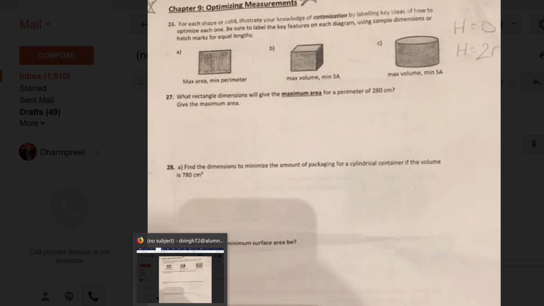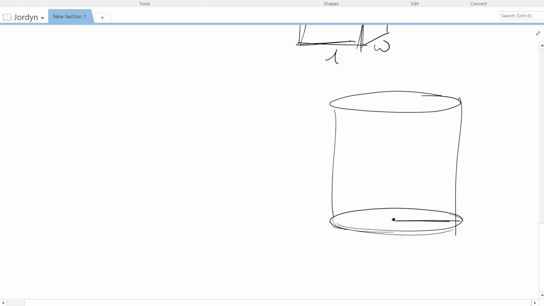So maximum volume. Now, what do you think about maximizing the volume of this thing? So we have a certain height and the radius of that, but you can change your height and radius and maximize the volume with the same material.